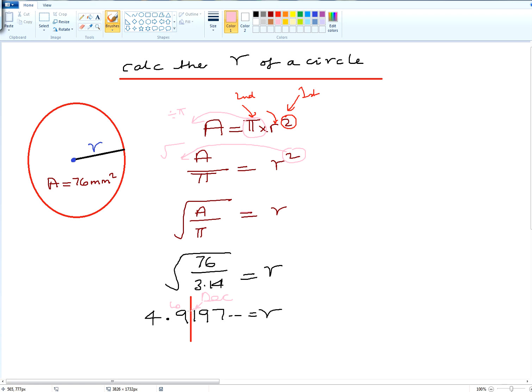So you look at the 1. If this is 5 or more, you add 1 to the last digit. If it's less than 5, you leave the last digit alone. So in this particular question, we copy down the 4, copy down the 9, and the answer is in millimeters. So 4.9 millimeters is the answer for the radius.